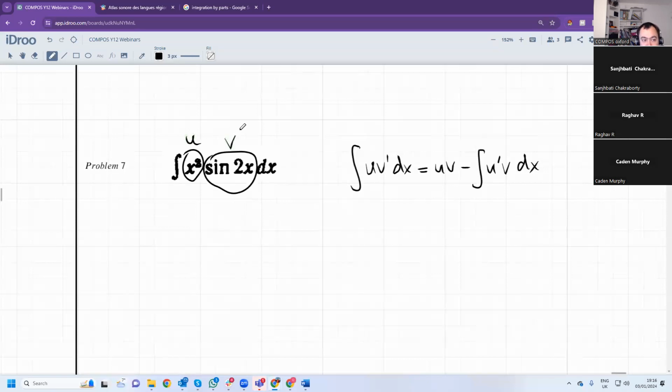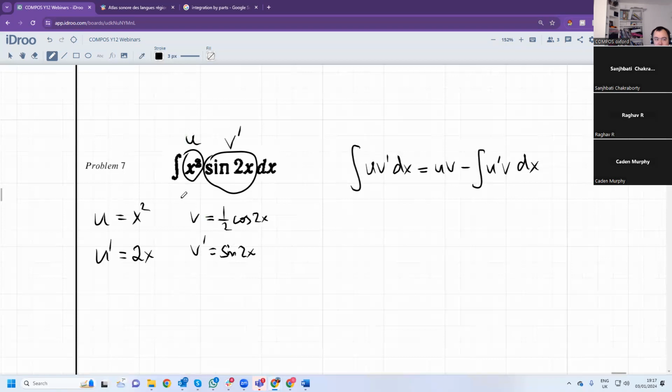And this is v dash. So u is x squared, u dash is 2x, v dash is sine 2x. So which function has a derivative of sine 2x? It turns out it is minus 1/2 cos 2x. No, u is x squared.